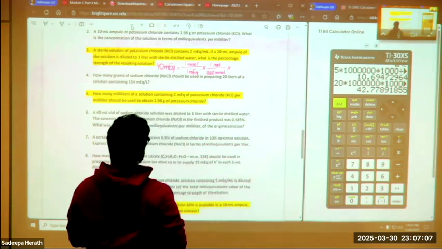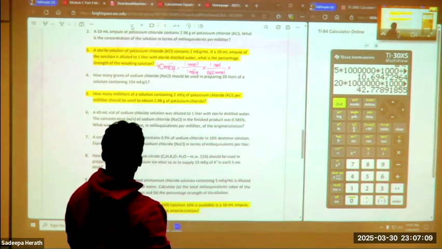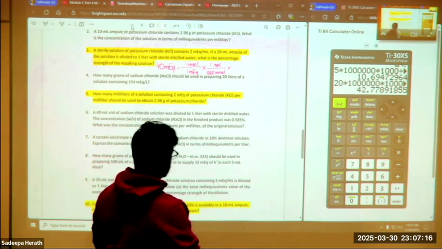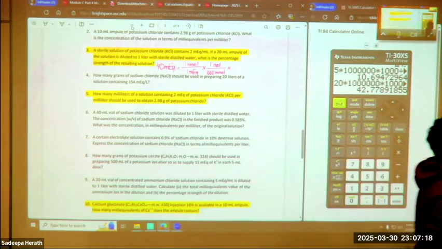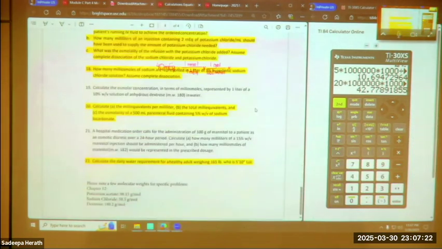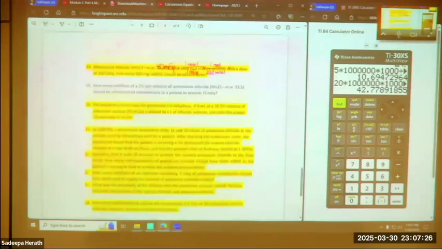Okay, we're at moles. Now we can convert this into grams, right? We need to know the molecular weight of potassium chloride. I think it's provided for us. No, it's not.